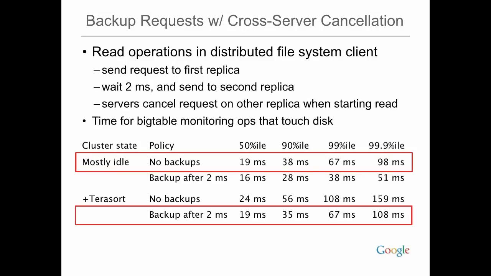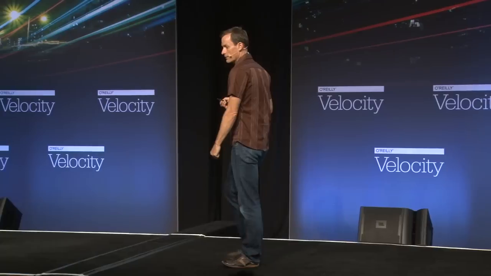Those are actually remarkably similar. So essentially, if you don't do backup requests, you have to keep your cluster pretty idle to get that kind of latency response. If you do backup requests, you can run a huge, enormous background batch processing job and still get the same latency profile for your interactive requests. That's pretty nice, because you kind of got a cluster for free in some sense.